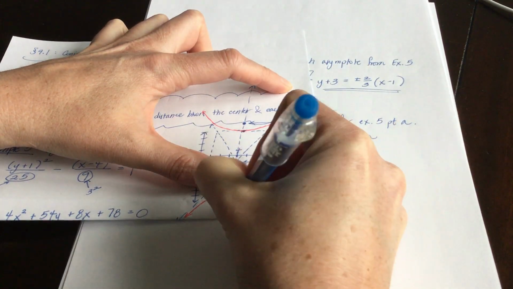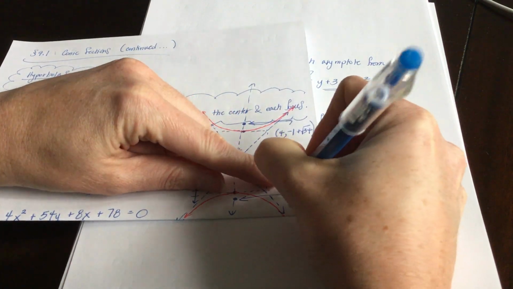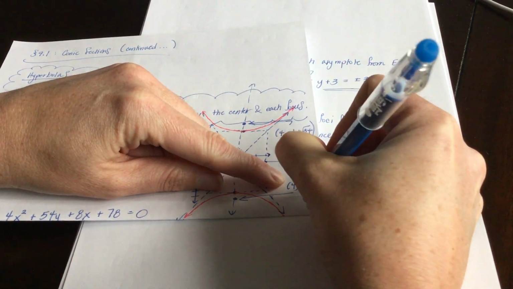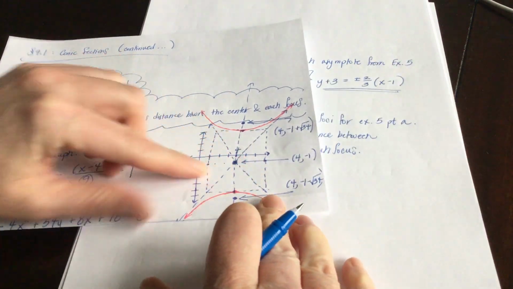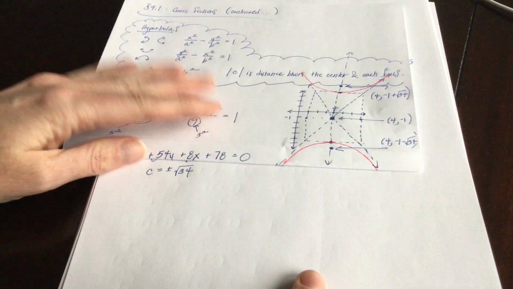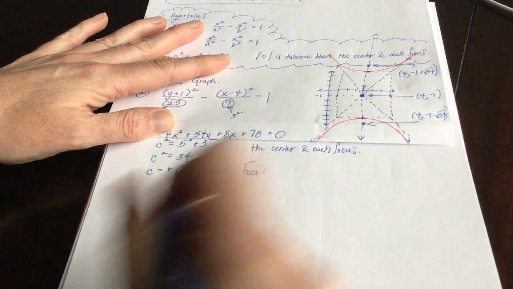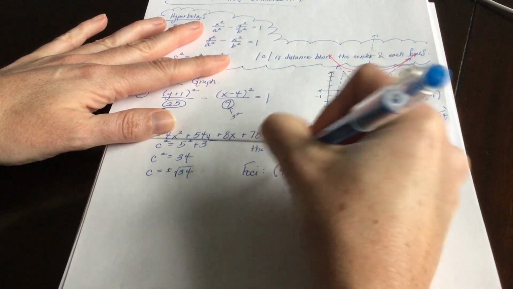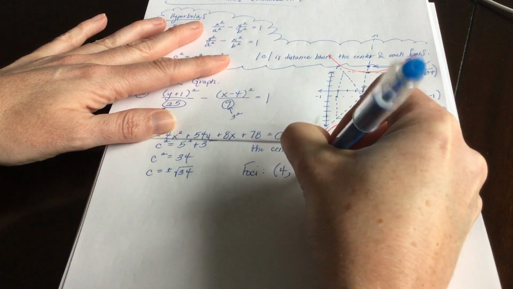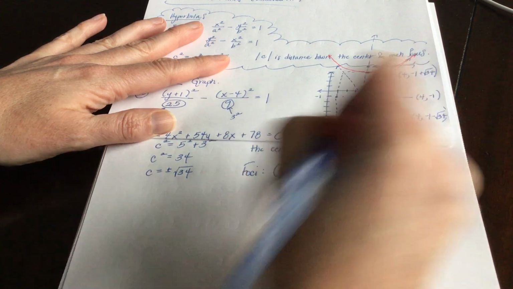And then this focus would have coordinates 4 and then -1 minus square root 34. There we go. Okay, so to be clear, your foci would be at 4 and then -1 plus or minus square root 34. There you go.